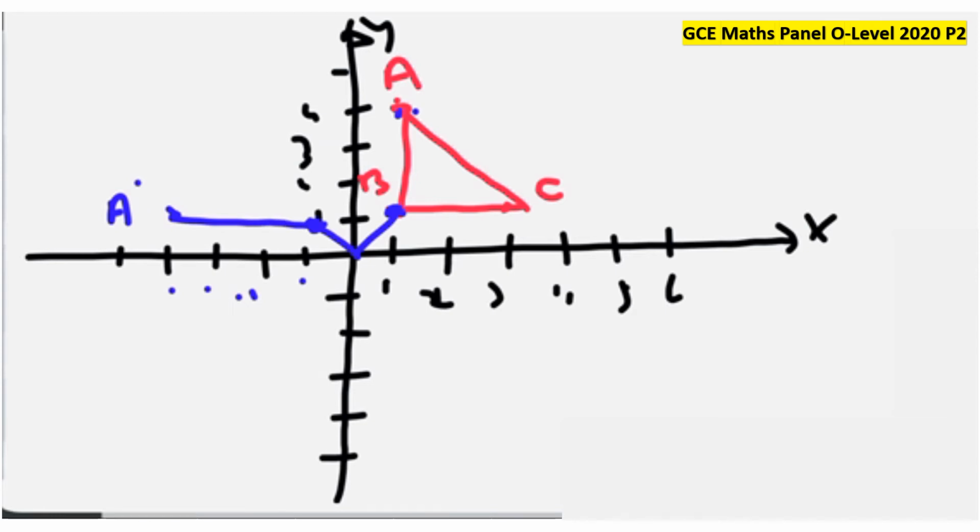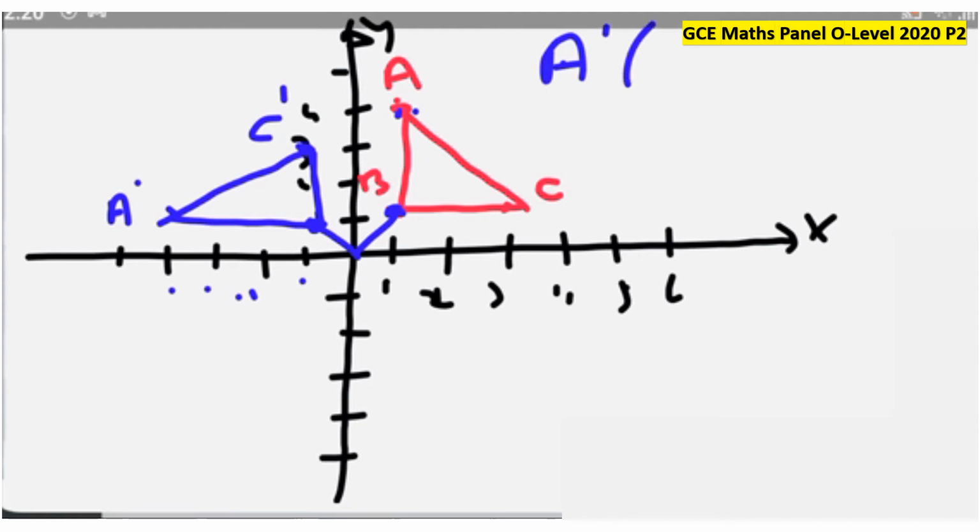Then we rotate the point C by 90 degrees, it will now be at this point here. When you rotate, that's what we'll have, and this will be my point C', and this is B' here. From here you can see the coordinates clearly, the same as the values we had before.